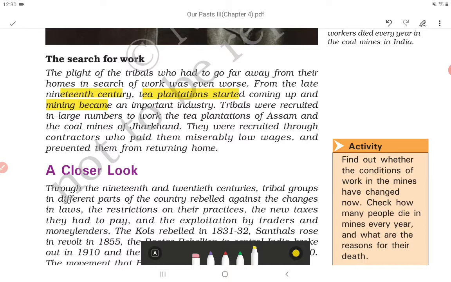Tribals were recruited in large numbers to work at the tea plantations of Assam and the coal mines of Jharkhand. They were recruited through contractors who paid them miserably low wages and prevented them from returning home.